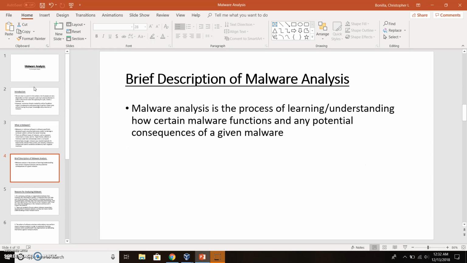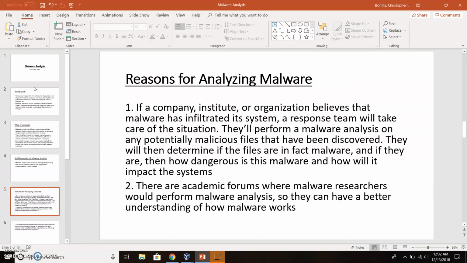So here's a brief description of malware analysis. It is the process of learning and understanding how certain malware functions and any potential consequences of a given malware. There are reasons for analyzing malware.